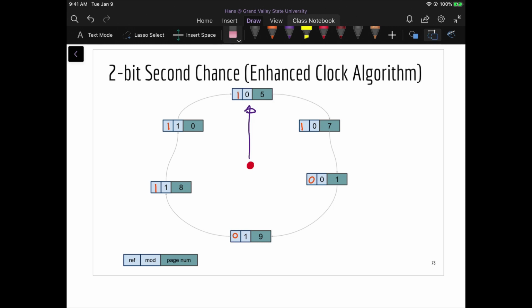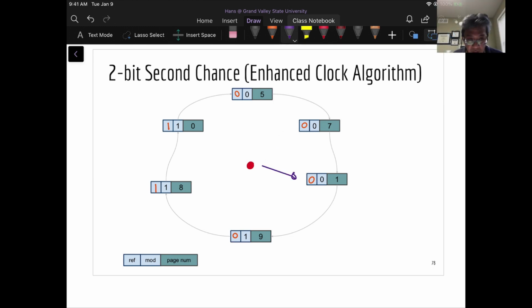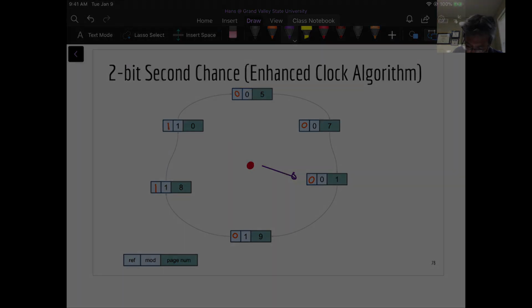So page 5 is not a victim, but we reset that bit to 0 and continue searching to the next entry, which is that page. Again, that page is not 0, 0, so we reset the R bit to 0 and keep going to the next entry. Fortunately, at this point, we find a type 0, 0, and that page becomes the victim.